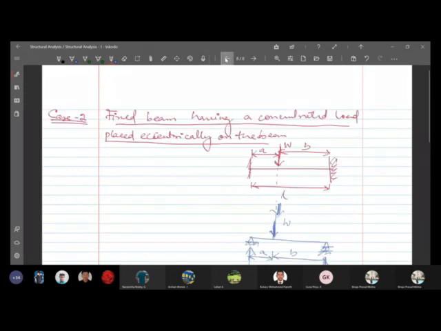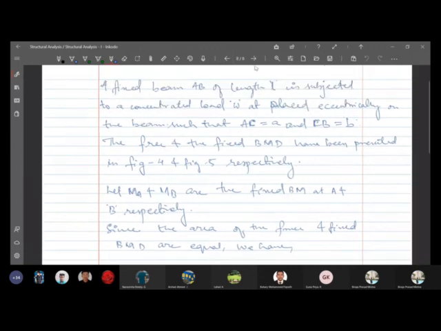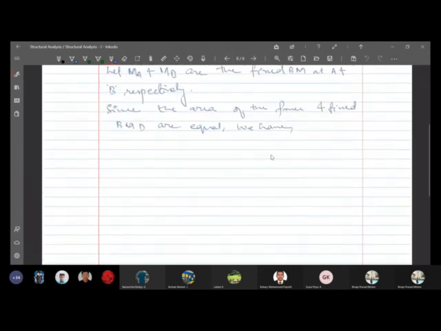before I go to that one, pay attention here. Here we have a load W, this one is A, this one is B, and this is RA, this is RB.